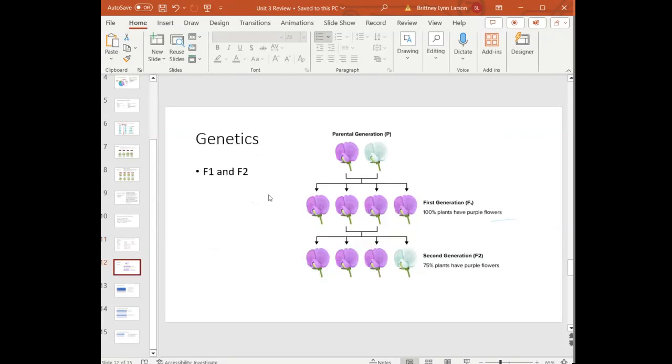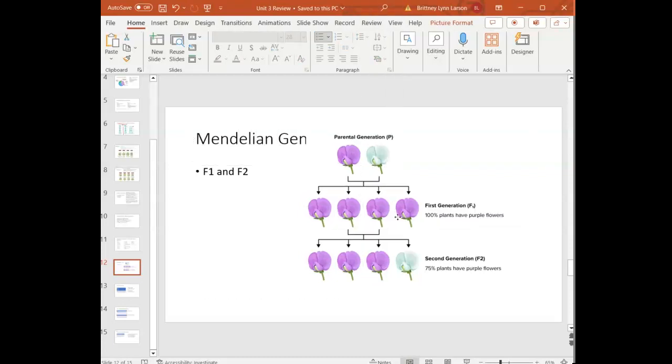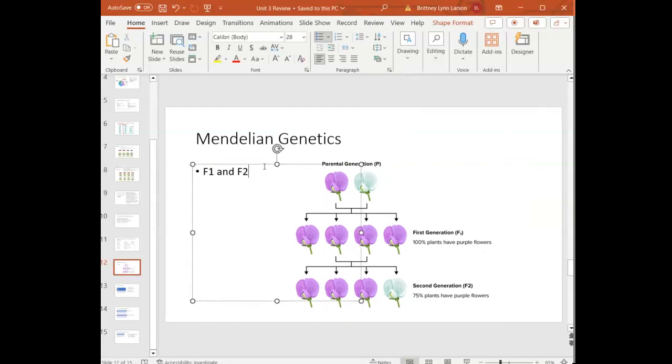So let's talk a little bit about genetics because I've had some people ask questions and I want to clarify a couple of things. In genetics, if we talk about Mendel and his P's, these are Mendelian genetics. Mendelian genetics are the very straightforward sorts of genetics where I have a parental generation, so P equals parental or purebred.